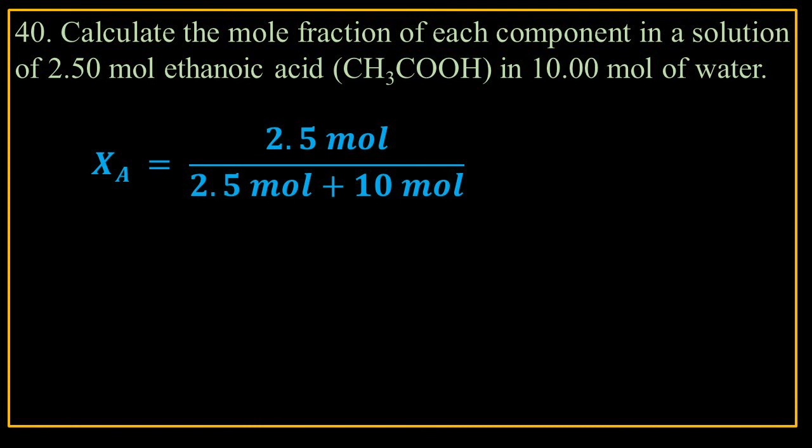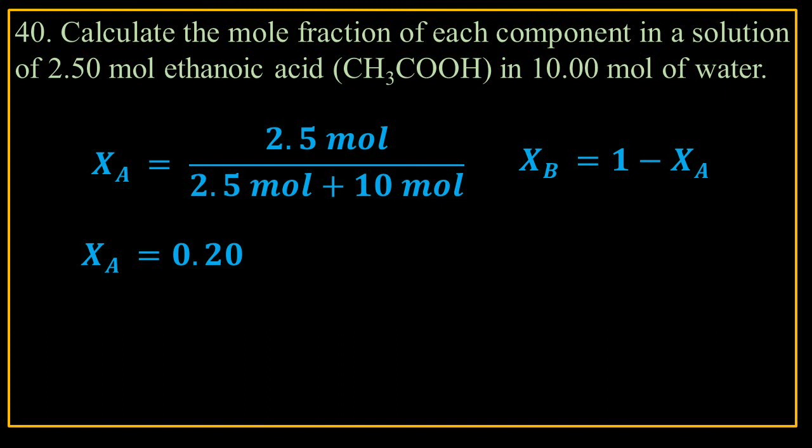Calculate the mole fraction of each component in a solution of 2.5 moles of ethanoic acid, which is C₂H₄O₂, in 10 moles of water. So it'll be 2.5 over the sum of 2.5 plus 10, and then you can say that that's XA, and then XB would be 1 minus XA, because remember the 2 fractions have to equal 1.